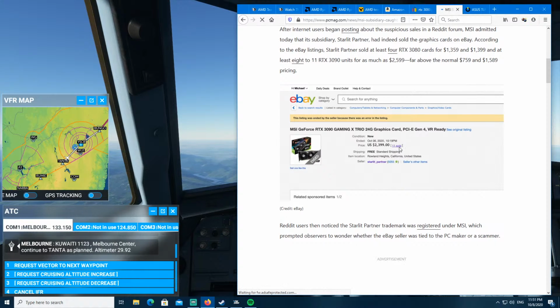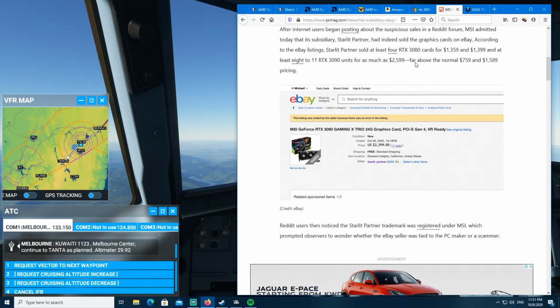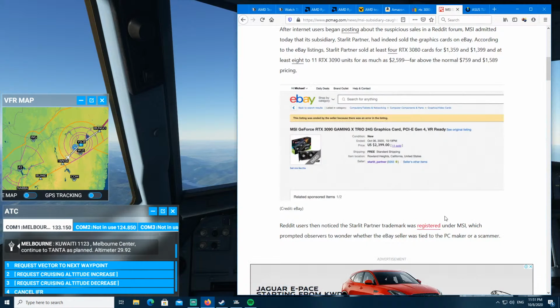This card is being sold by Starlit partner on eBay. I think I didn't see it. We just went through the listings, we didn't see it. Oh my God! I don't want these. So yeah, for $2,399. Wow.